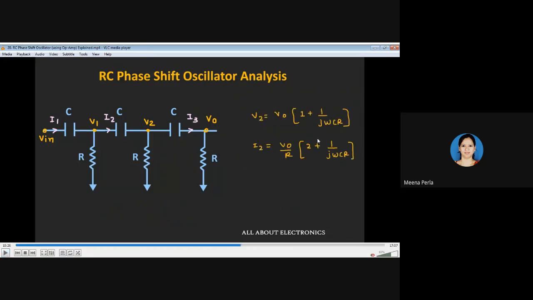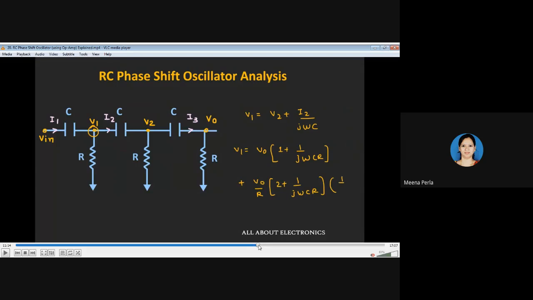Okay, so write down this V2 and I2 equations. Then by applying KCL at this node, we can calculate I1 and we can calculate V1, right? So this is the expression for V1. Please note it down.